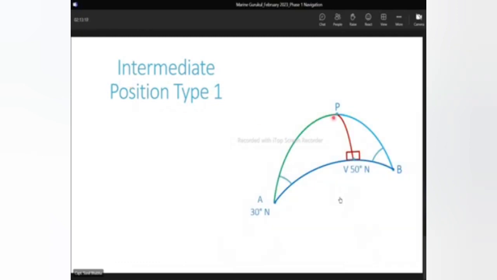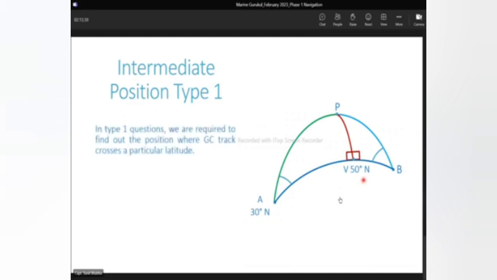We can see a PAB triangle coming up here. The angles A and B are acute, so the vertex lies inside. So you can see the vertex in between A and B. Let's assume that our initial position is at 30 degree north latitude and the vertex latitude is 50 degrees north.